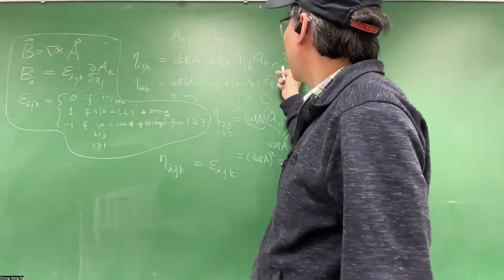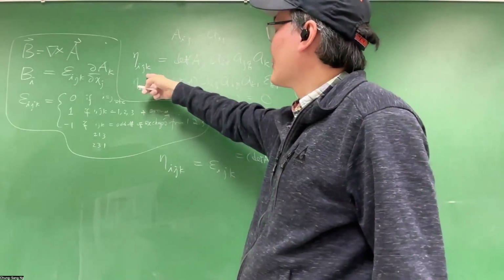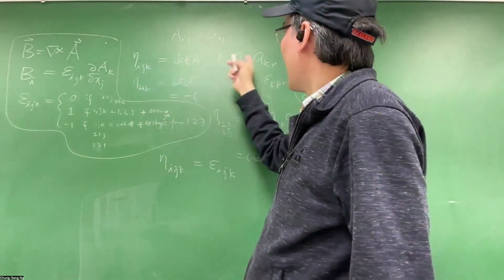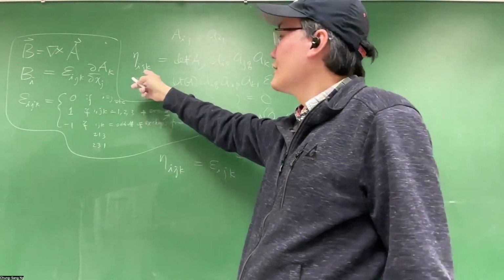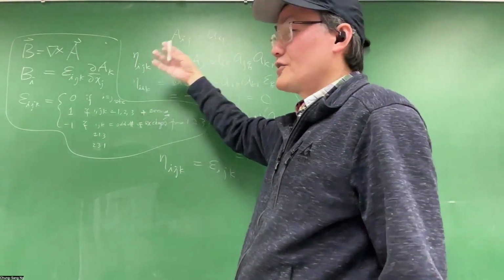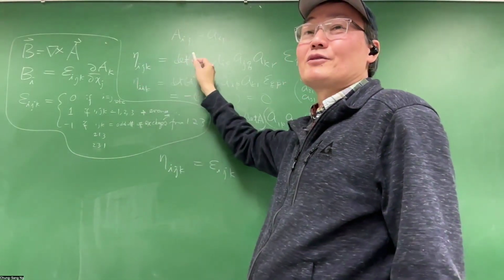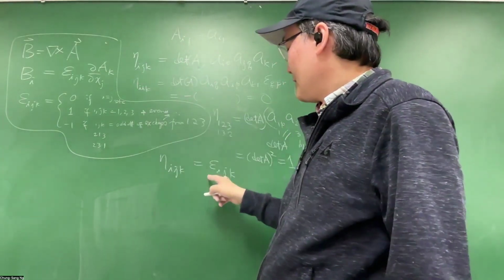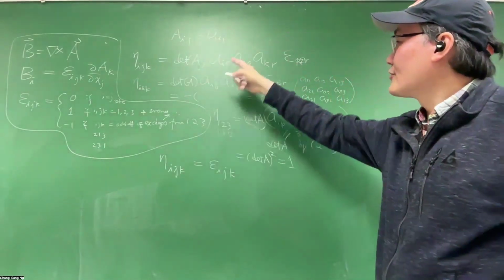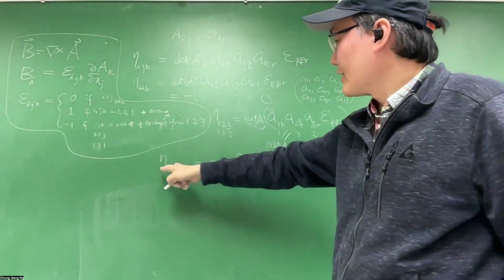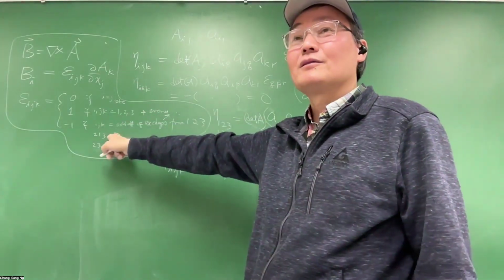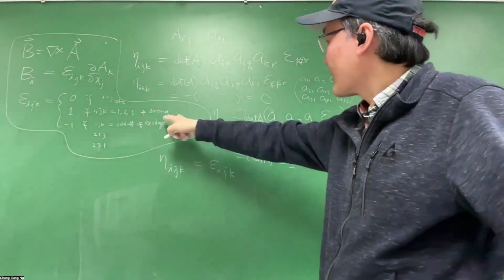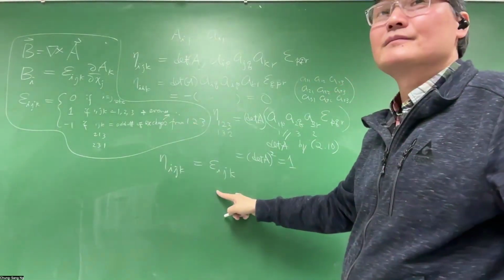If we transform from the epsilon ijk in the new coordinate system, this is in the x coordinate system. This is the x prime coordinate system. Just a number that we define by this equation. After all this consideration, we show that eta ijk is just epsilon ijk as defined in here. So it's exactly this one.